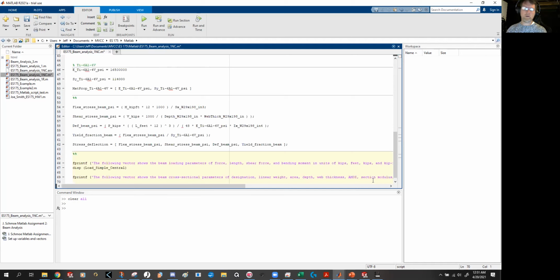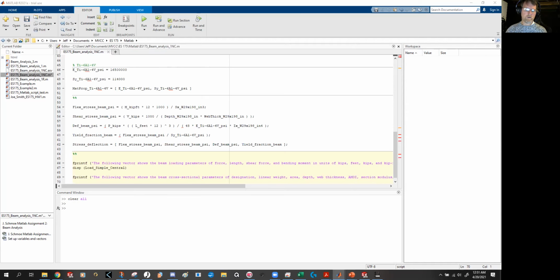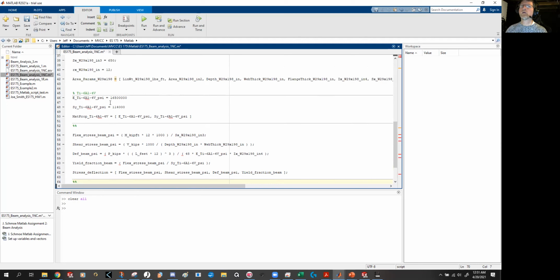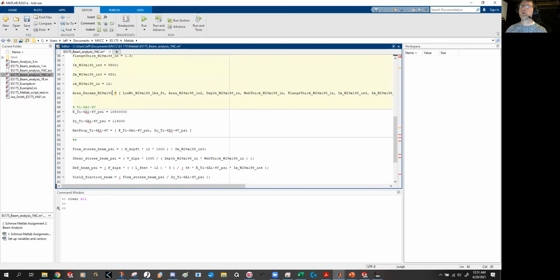There we go. And then we display that area parameters. Oh, I guess I didn't put that on there.